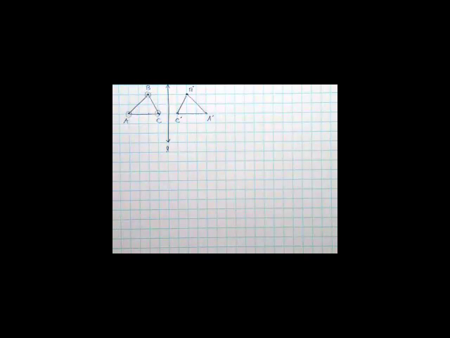Okay? However, is a reflection a rigid motion? Is the image and pre-image, are they congruent to each other? Yes, they are. Remember, congruent simply means same shape and size. So is the first triangle and the second triangle the same shape and size? Yeah. So it is a rigid motion. It's just been turned around. Okay?